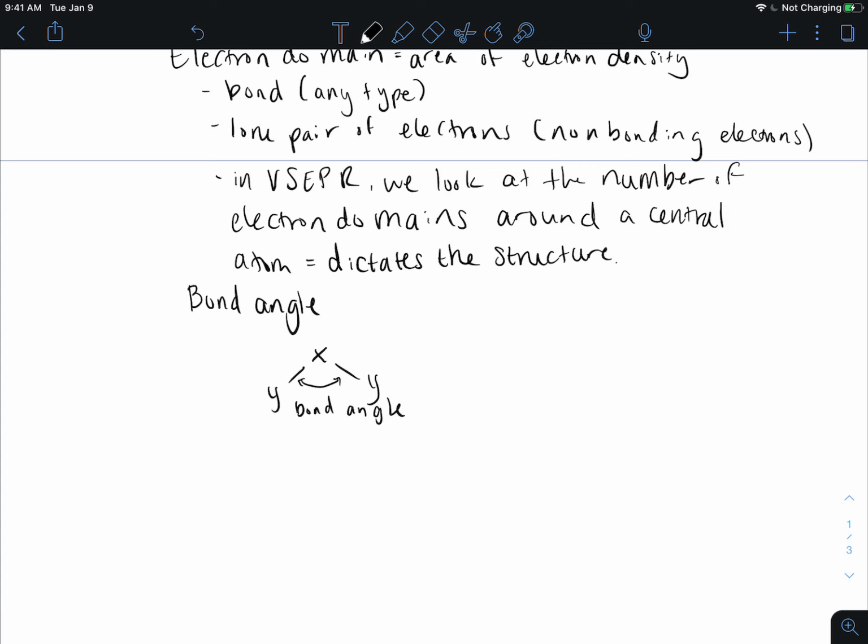So with VSEPR, we're looking at our electron domains and we're looking at our bond angles. So the electron domains will determine the shape, and then from that shape we can determine what our bond angles are. And that'll tell us how close atoms are to each other and how they interact.